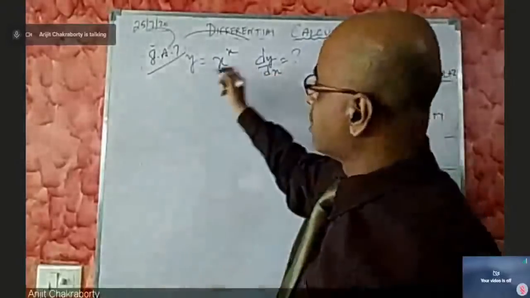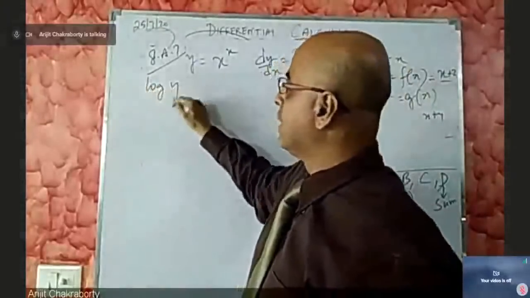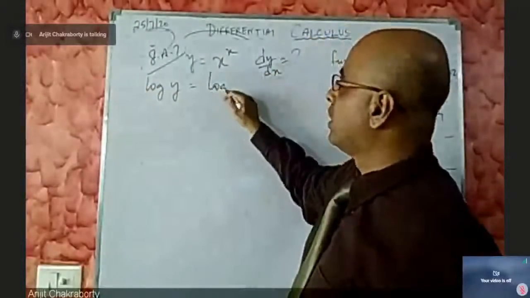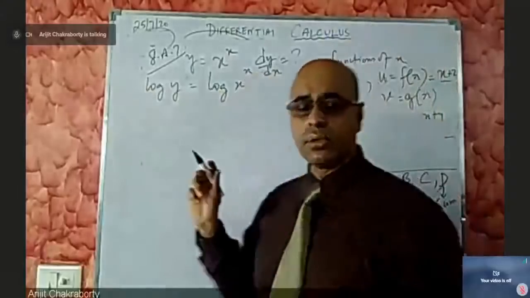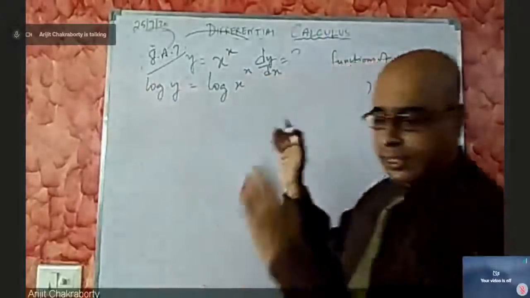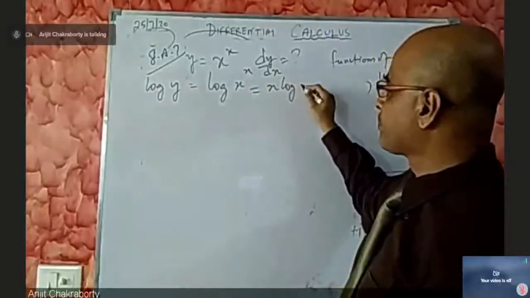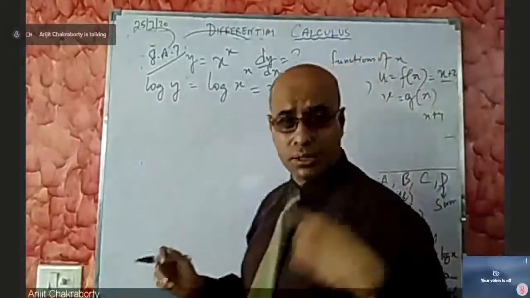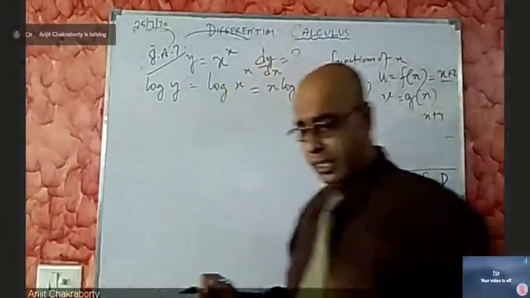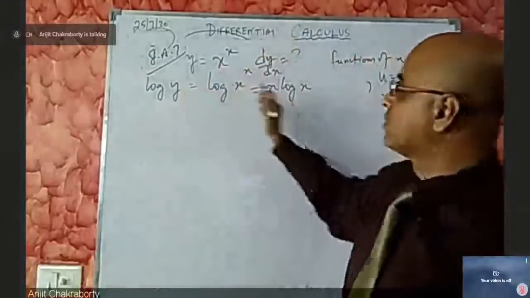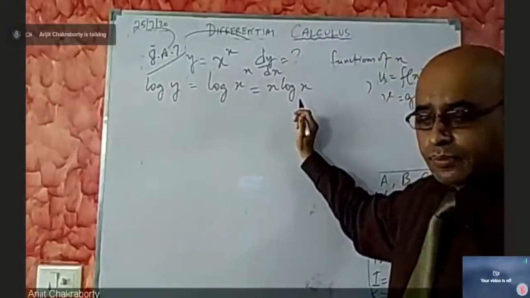So we find log y is equal to log x to the power x, but you know that you can break it into x log x. I'm not going into the rule because I assume that you all know about logarithms. So you have log y is equal to x log x.